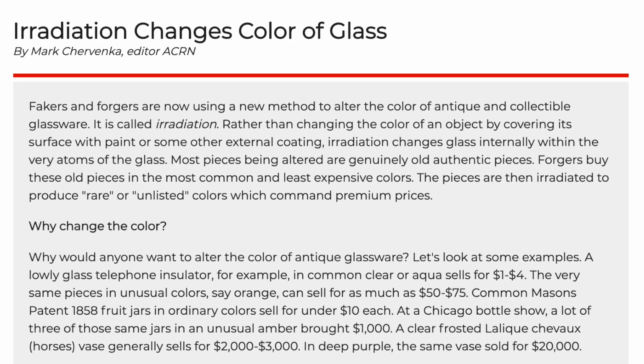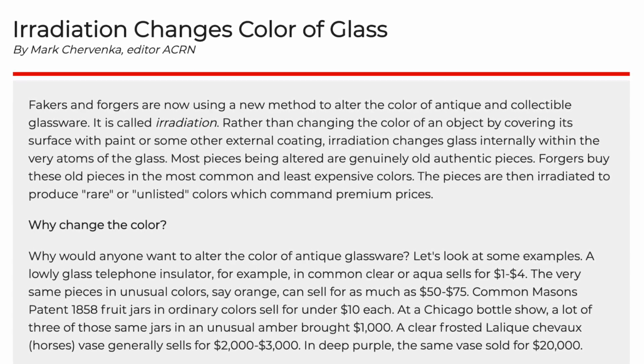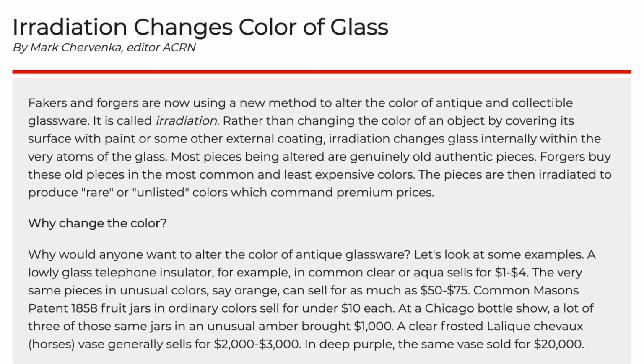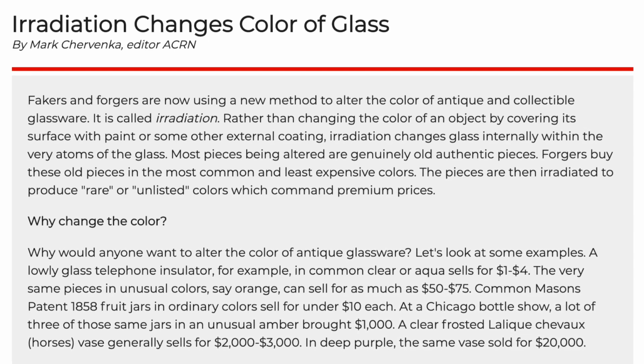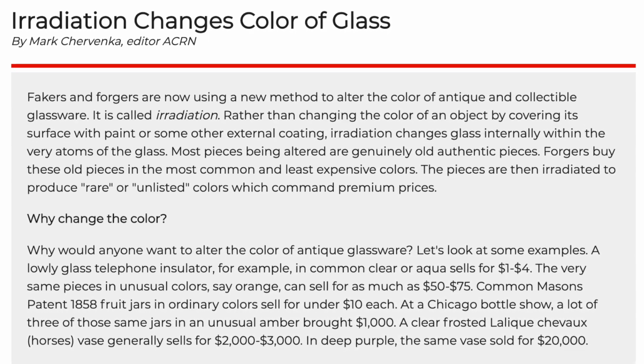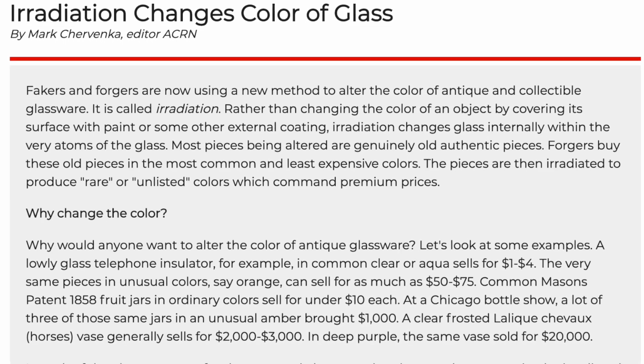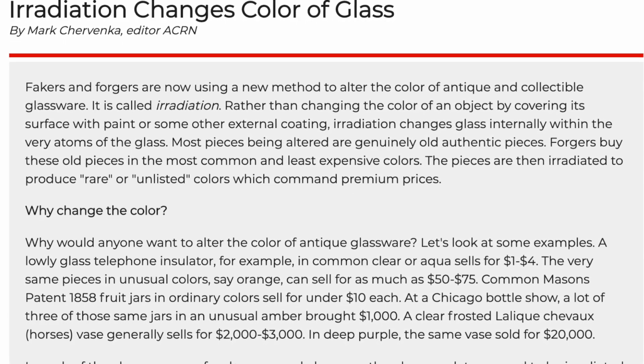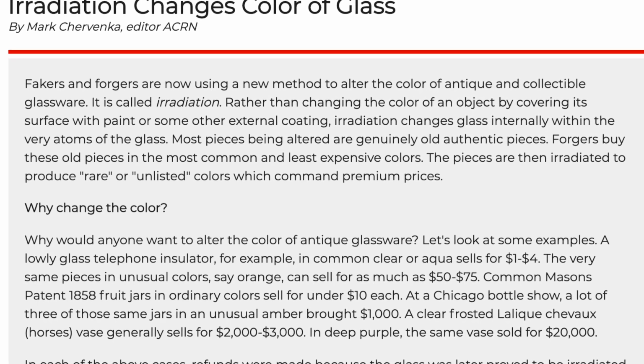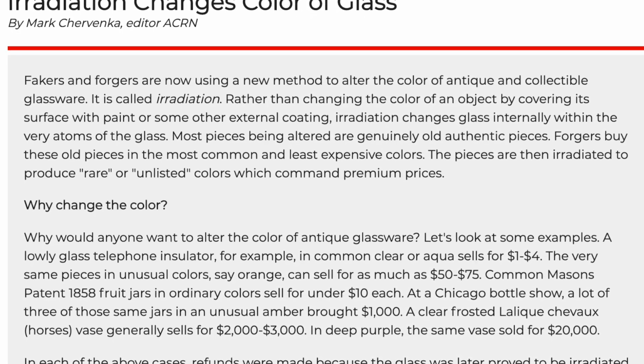A lowly glass telephone insulator, for example, in common clear or aqua, sells for $1 to $4. This very same piece, in unusual colors, say orange, can sell as much as $50 to $75. Common mason patent 1858 fruit jars in ordinary colors sell for under $10 each.